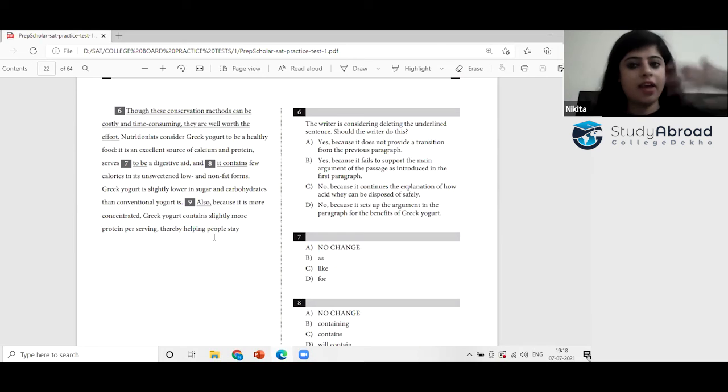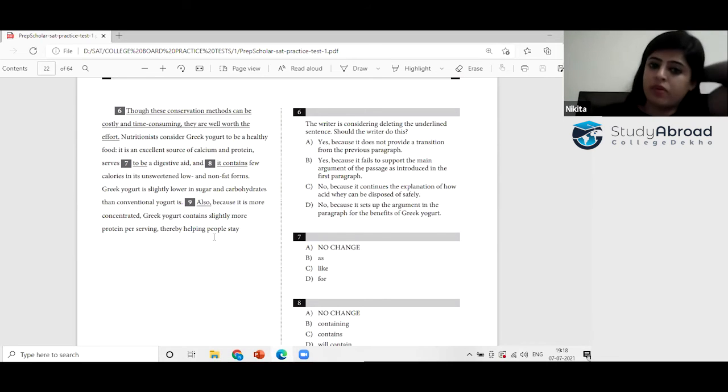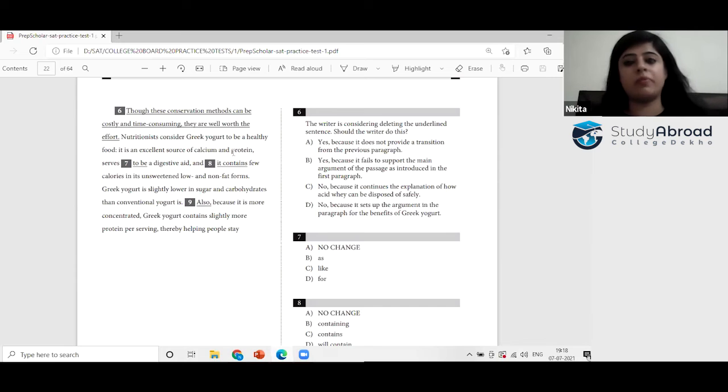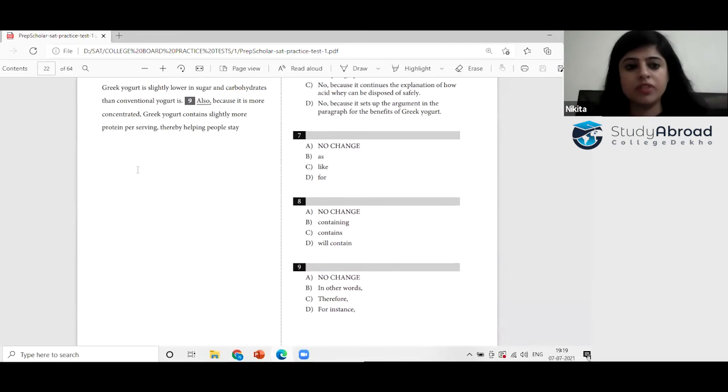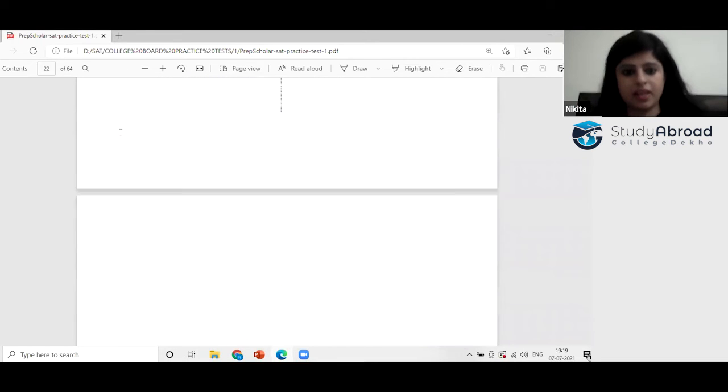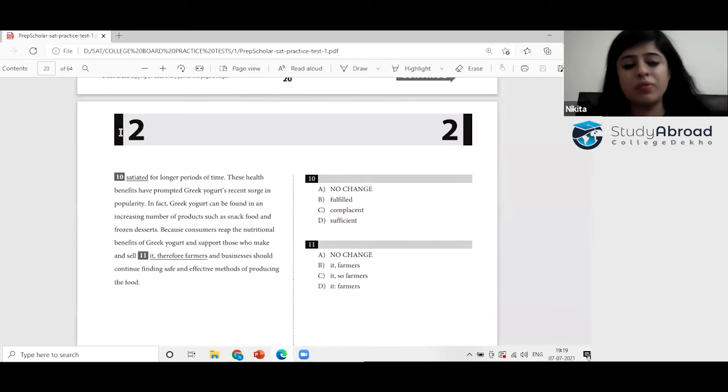So you see, I am just skimming. That means I'm just taking the clue of the information that is given here. They're talking about calcium, protein, carbohydrates, sugar, and how much protein makes up the content of the Greek yogurt. And it may keep you satiated for longer periods of time. These are the health benefits.